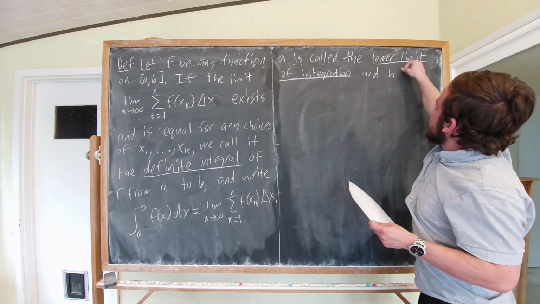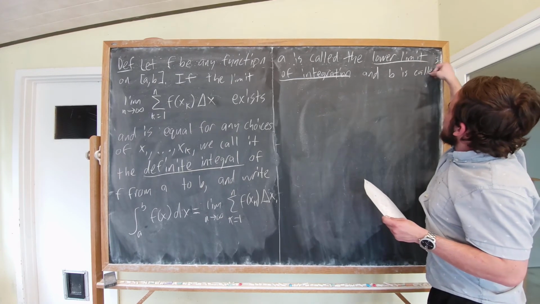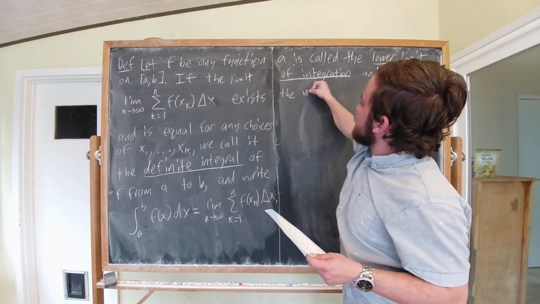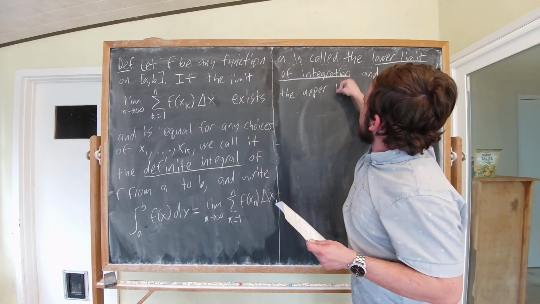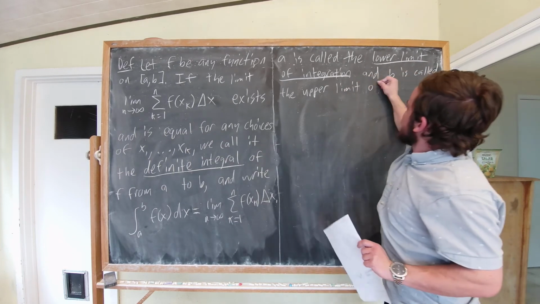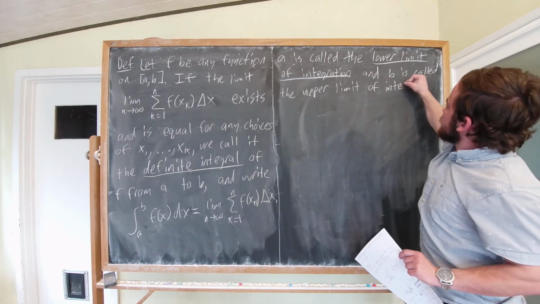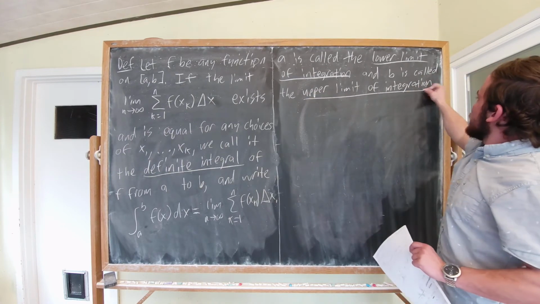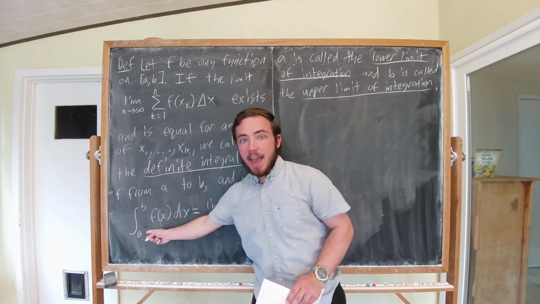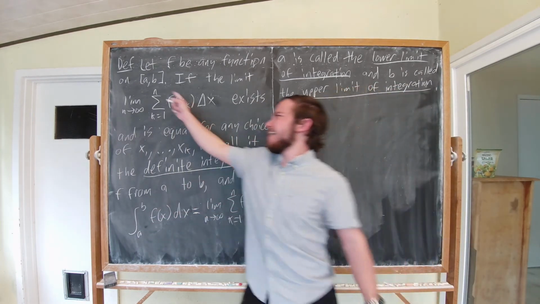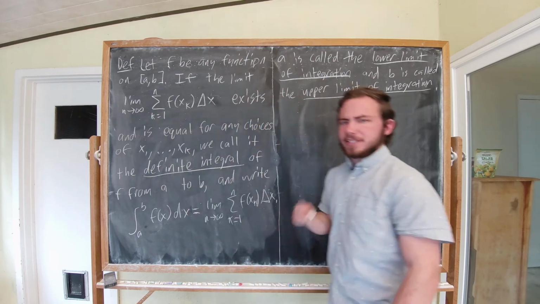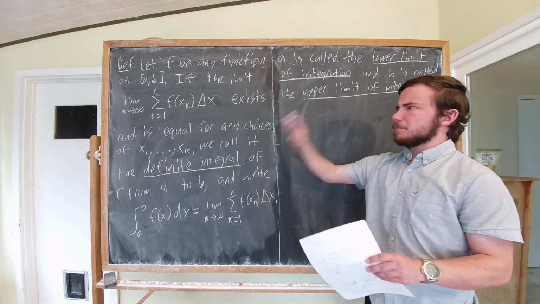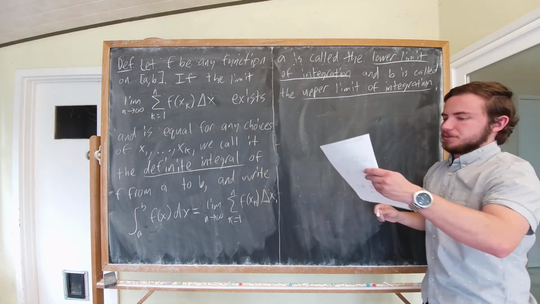And B is called the upper limit of integration. All right, so that makes sense. We go from A to B. A is smaller than B, so it makes sense, lower and upper. Cool. Sticking with you there. Still confused about all that, but sticking with you on at least these names.